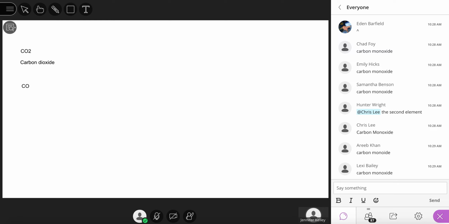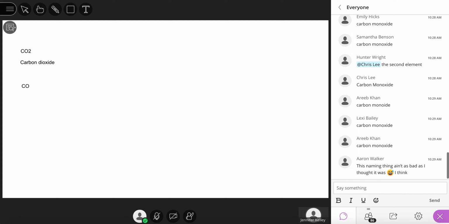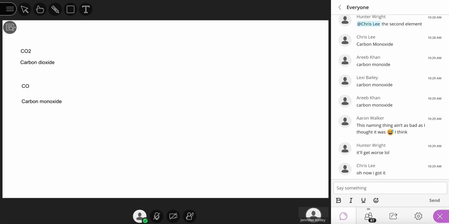And the second one has one oxygen. So since it's the second half, then we will use mono. And then it would end in oxide, but you don't want to have it say monooxide because it's kind of awkward to say. So they just put monoxide. You see the difference between the top where it says carbon dioxide and this one is monoxide? So they kind of drop the O in there.